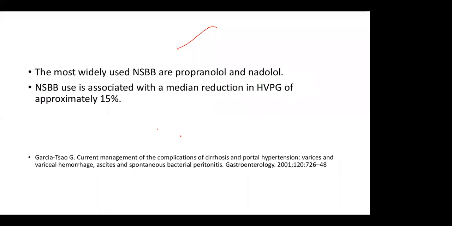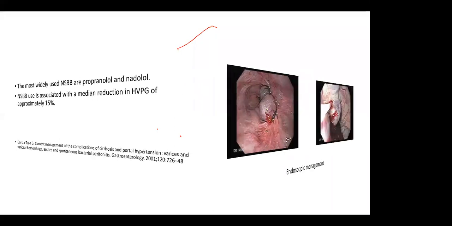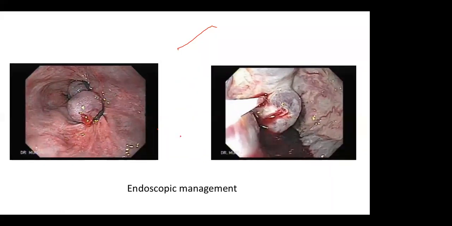The most widely used in the elective case is a non-selective beta blocker, and the commonest ones are propranolol and nadolol, which are associated with a median reduction in hepatic venous pressure gradient of approximately 15%. The management of varices ranges between esophageal band ligation and esophageal sclerotherapy.